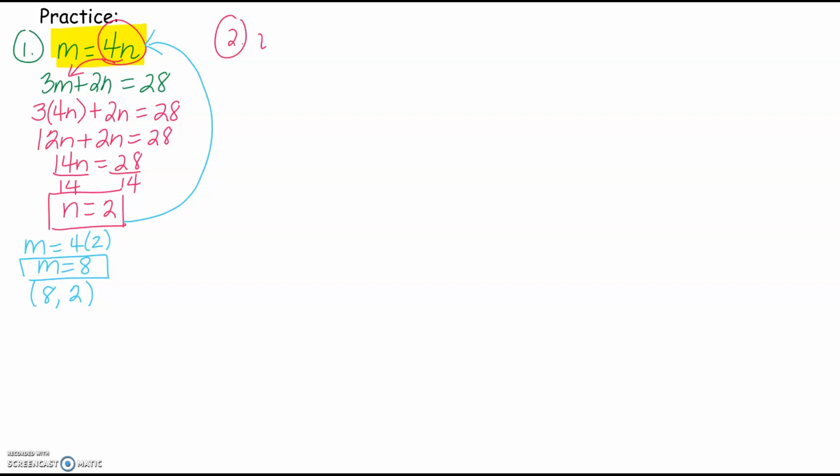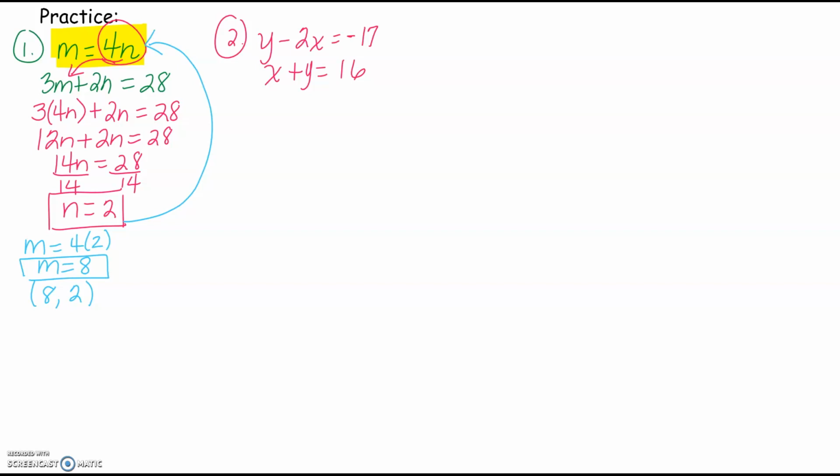The second system is y minus 2x equals negative 17, and x plus y equals 16. Okay, so the first step is to look and see if a variable is by itself on one side.